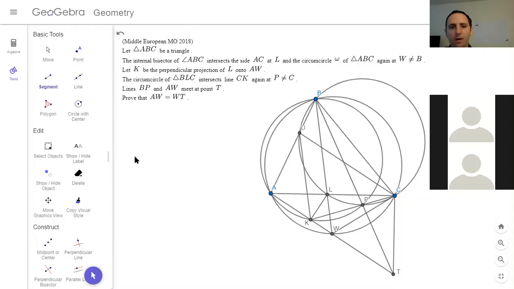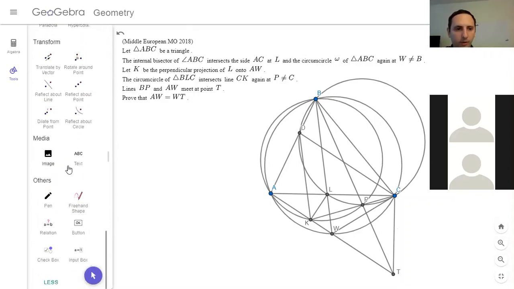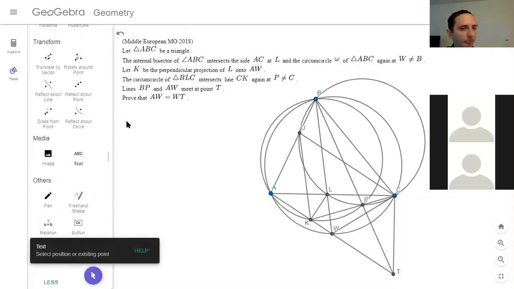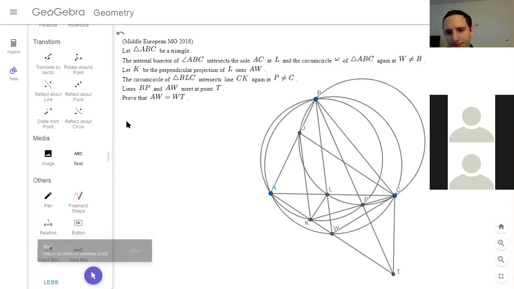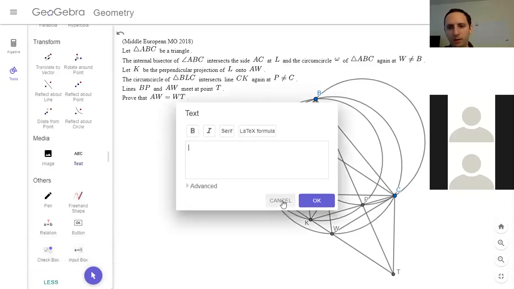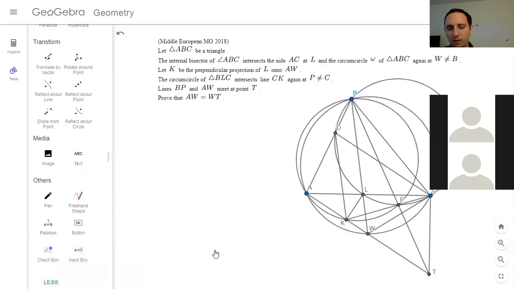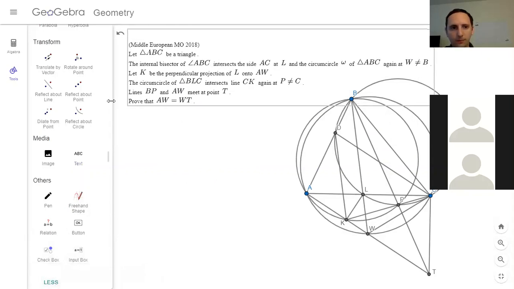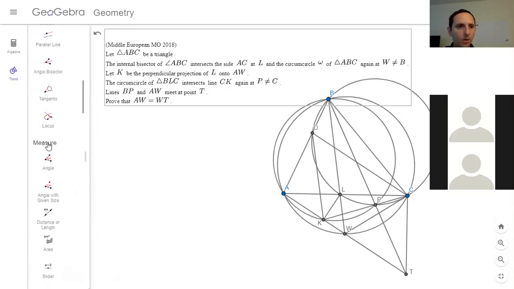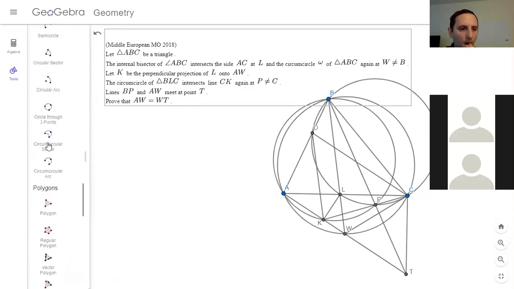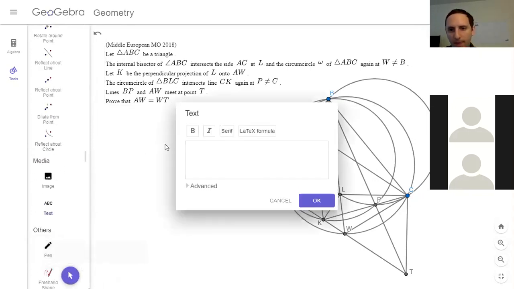Wow. All right, so let's write it out. So BL bisects angle DBC.